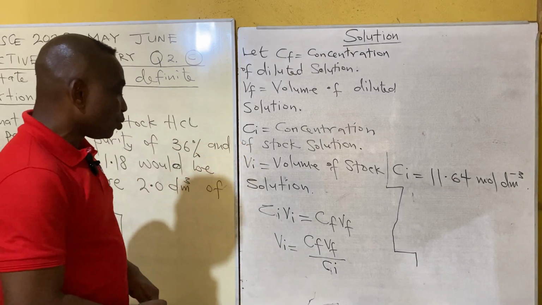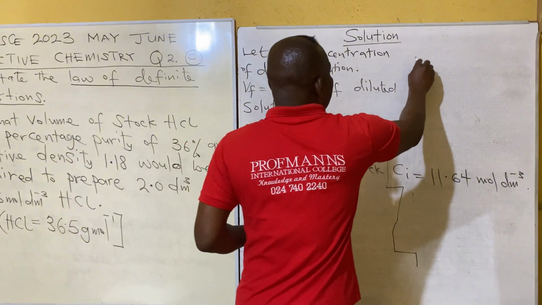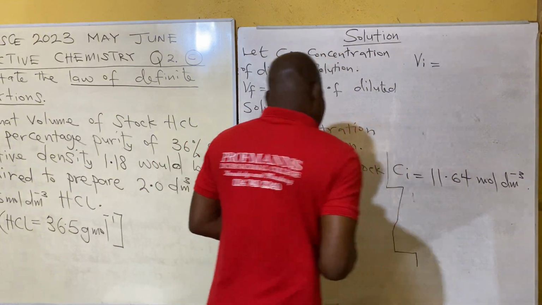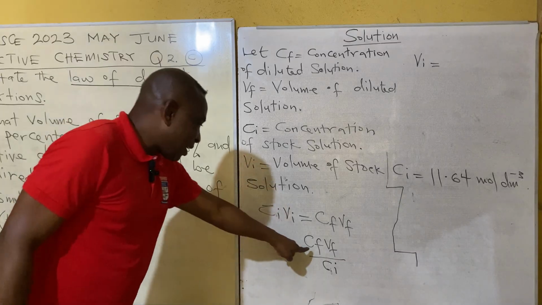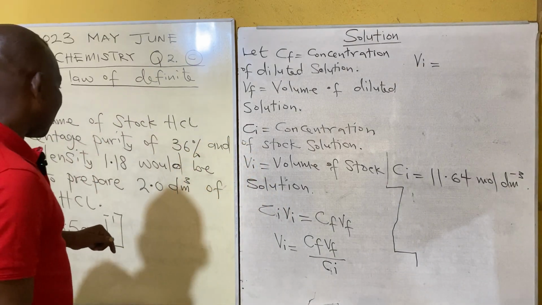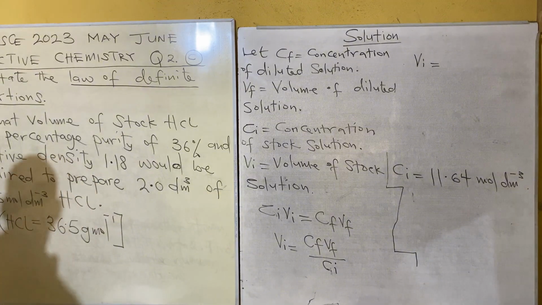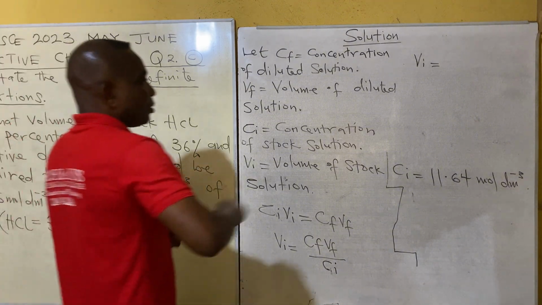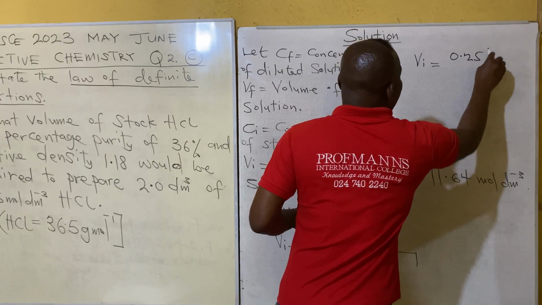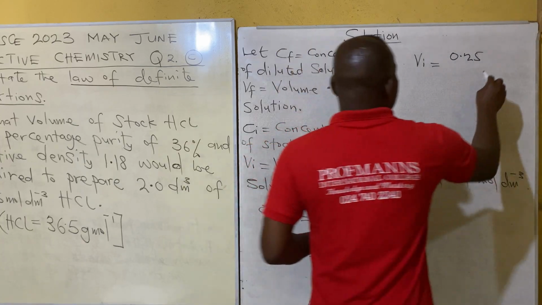So let us substitute the values. So we have Vi is equal to concentration of the diluted solution, which has been given in the question to be 0.25 mole per dm cube.